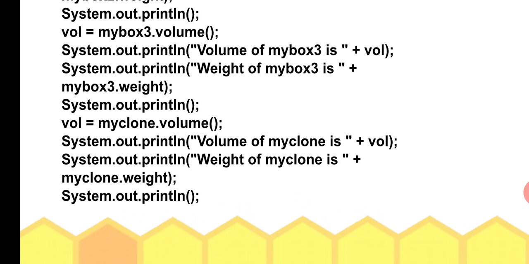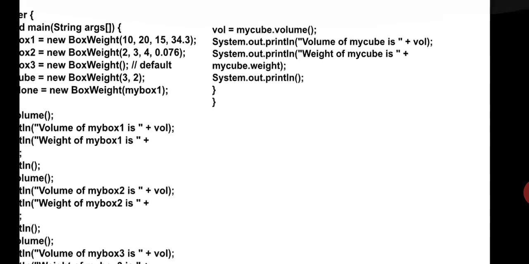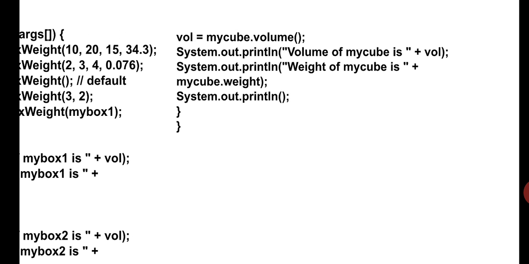After that you are printing the weight of my clone, and you are getting the new line println, and you are going to call my cube dot volume also. Now for my cube dot volume, what values are you passing? You are passing 3, 2. The same 3 comma 2 will be sent to the constructor of box weight which takes two parameters, that is double len comma double m.